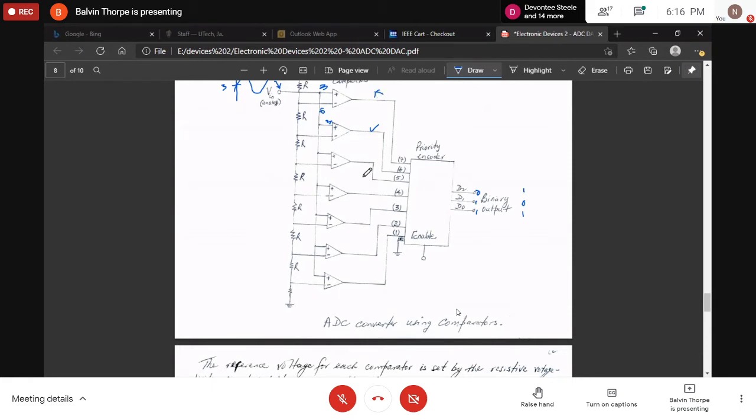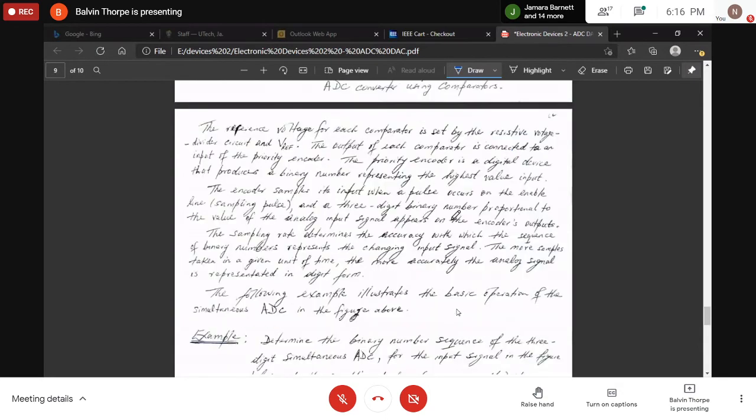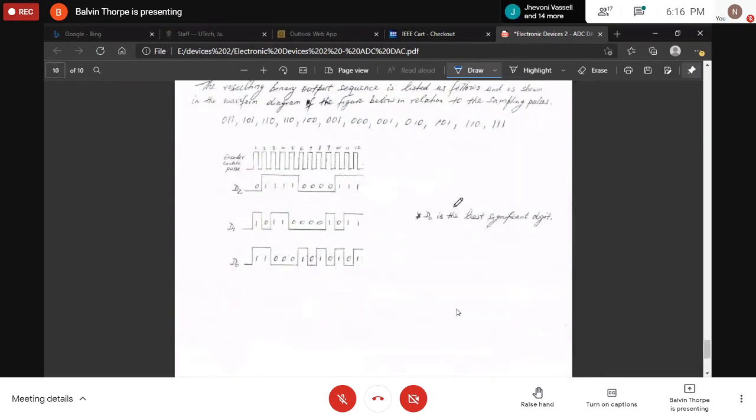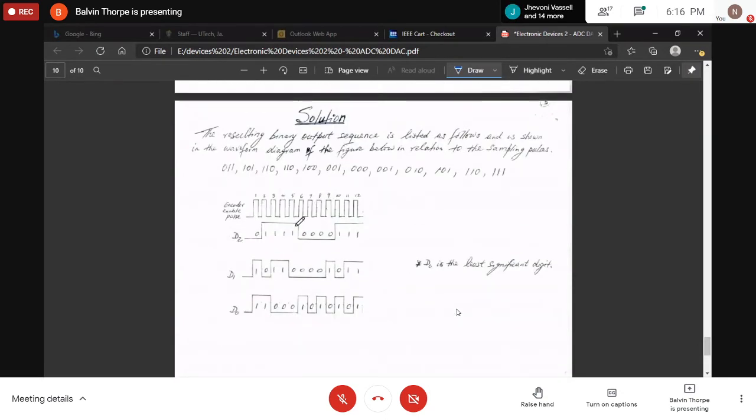And even if these are going to give you high values, what it's saying is that you convert the highest value. That's what the priority encoder does. It converts the highest value that it would have gotten to its binary equivalent, right? So in this case, 6 would be a 1, 1, 0. And that's what is being represented here. For the third pulse, it sees 1, 1, 0 as the highest.